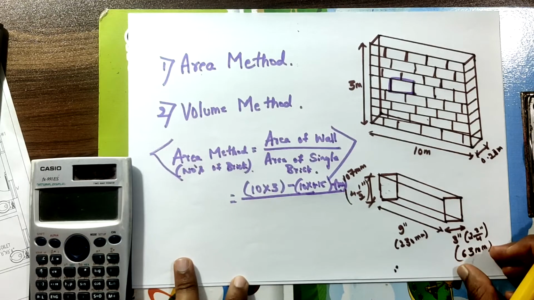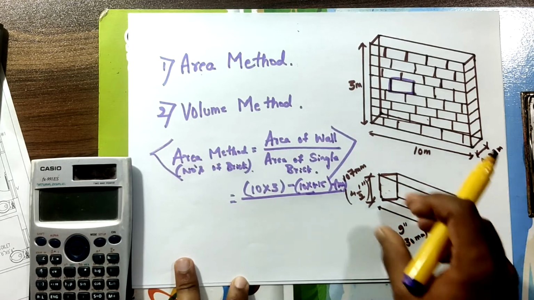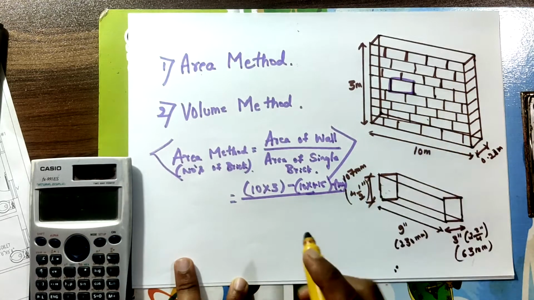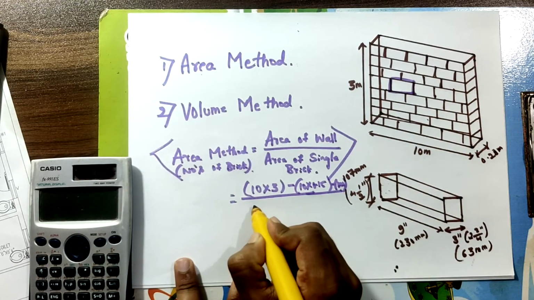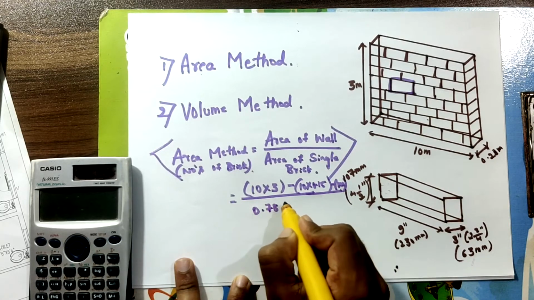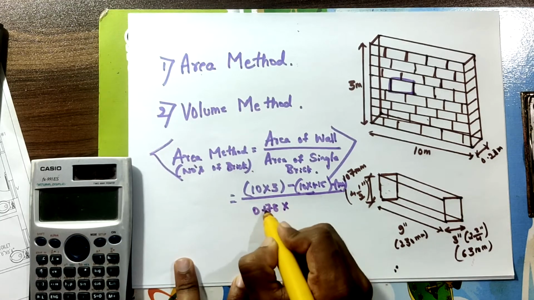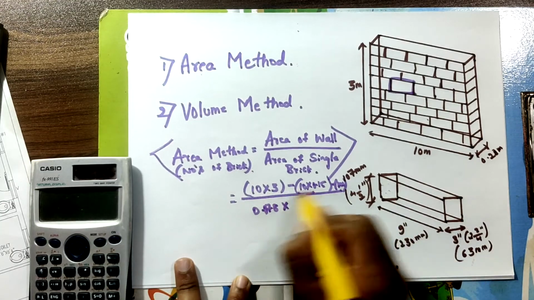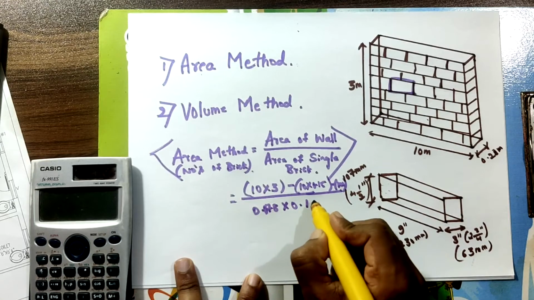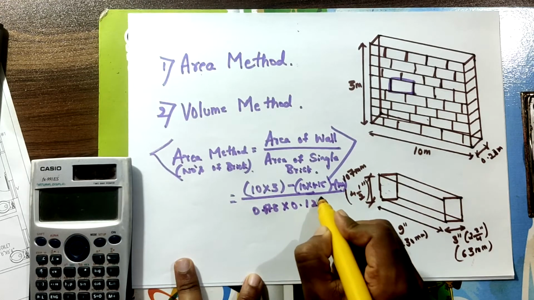We will consider 15 mm as mortar thickness, and 4.5 inches means 107 mm plus mortar thickness. That means 0.078 by 0.123.